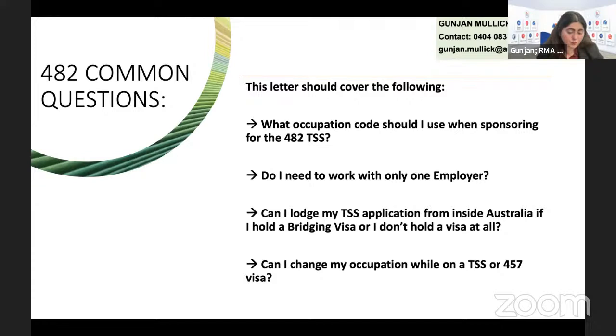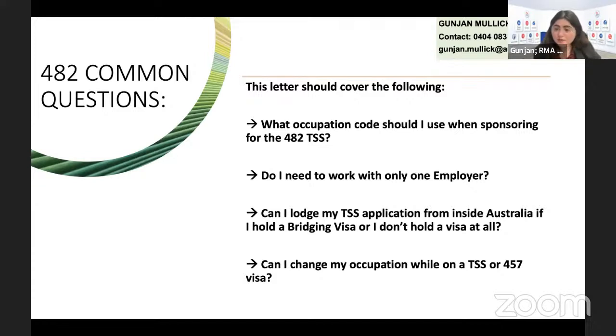If we apply for 482 and side by side 190 and 189, do we still get a chance of those visa grants? All these applications are assessed on their own merits. Just because you have applied for 482 doesn't mean that your other application can be jeopardized, because the criteria for the 482 application is met, and if you have met the criteria, you may be granted the visa.